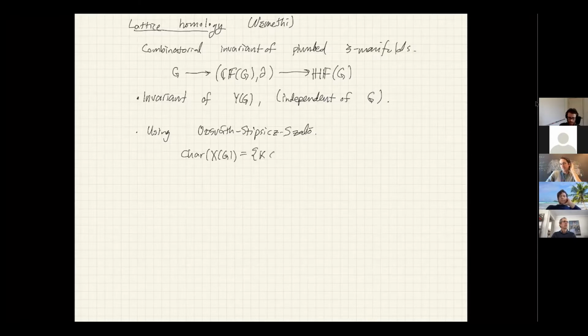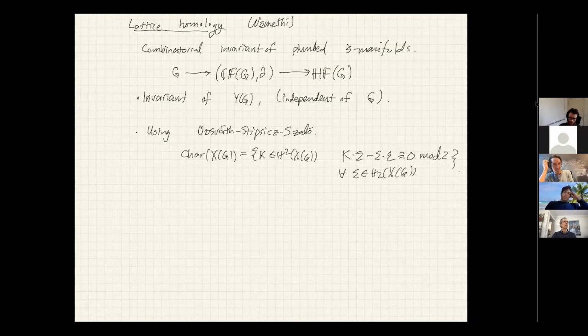These are elements of H^2 that satisfy K(σ) minus σ·σ is congruent to 0 mod 2 for all elements σ in H_2. And these are familiar objects from gauge theory because they're basically the set of Chern classes of spin^c structures.